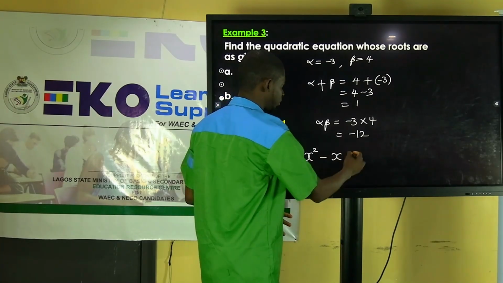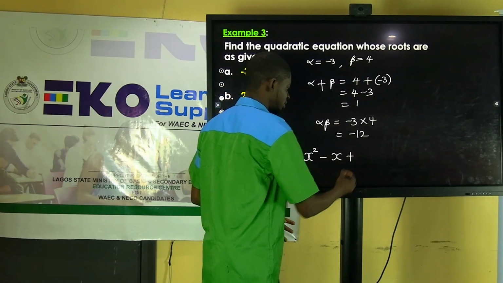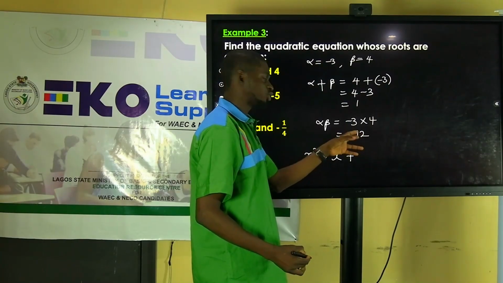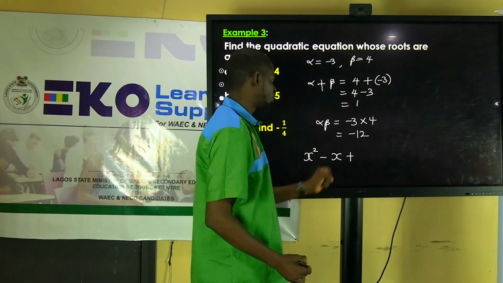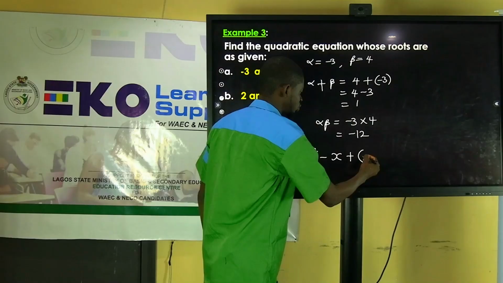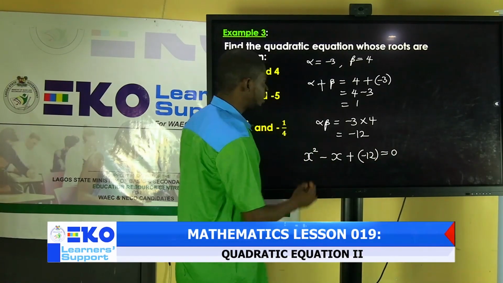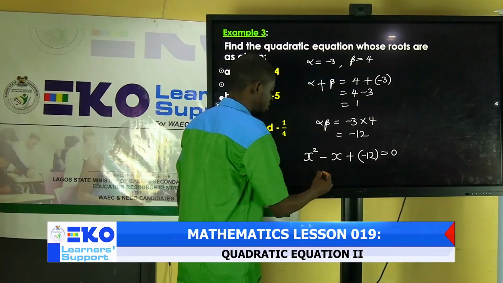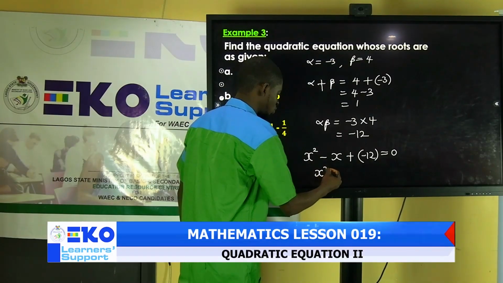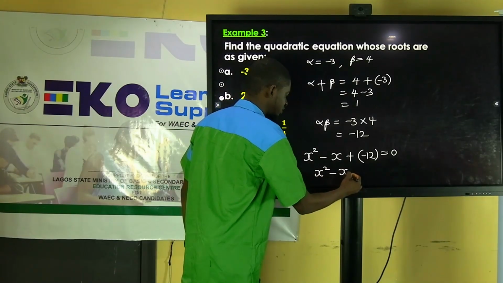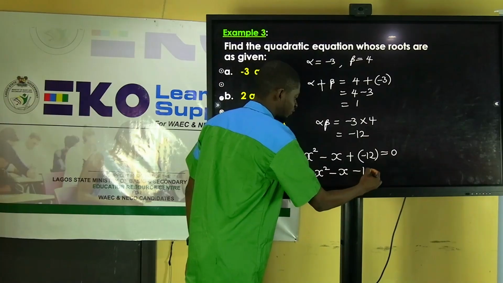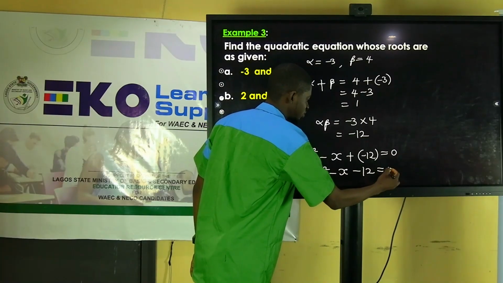Then the next thing will be plus -12, which is our product, equals 0. Hence, the quadratic equation that has these roots will be x squared minus x minus 12 equals 0.